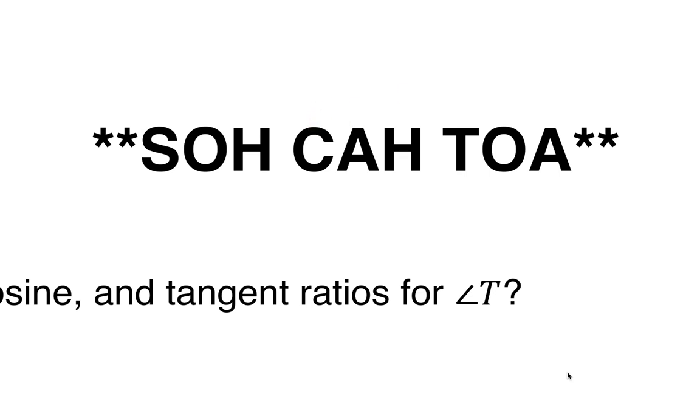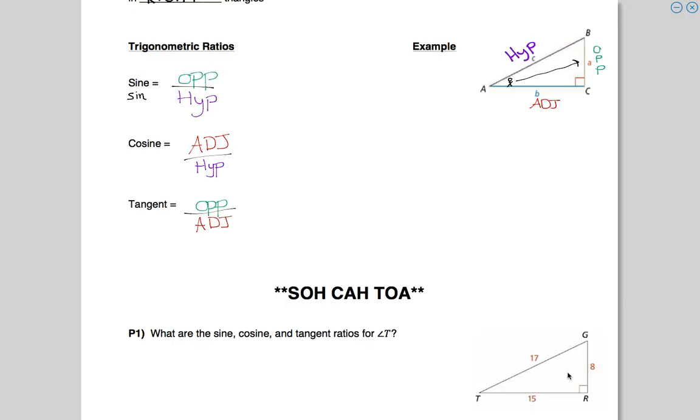Cosine, adjacent hypotenuse. Tangent, opposite adjacent. So basically, we're taking this idea and we're turning it into this acronym. SOHCAHTOA.